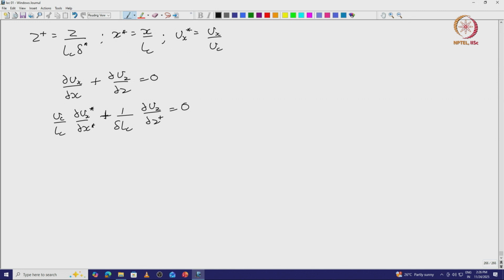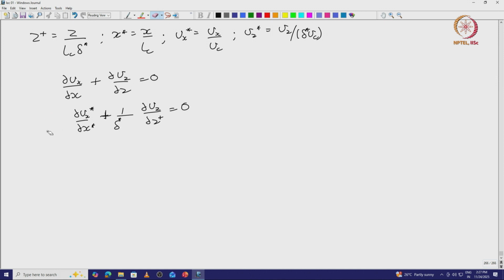And you can easily see that I have to define Vz star is equal to Vz by delta star times Vc. I have to scale Vz by delta star times Vc in order to get a balance between these two, because I can divide throughout by this first term.